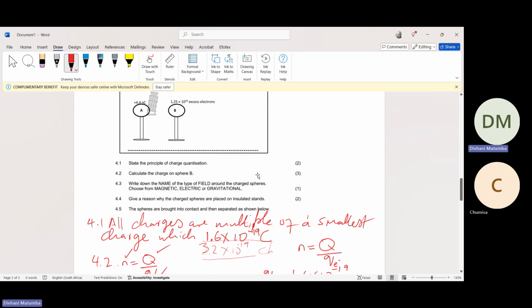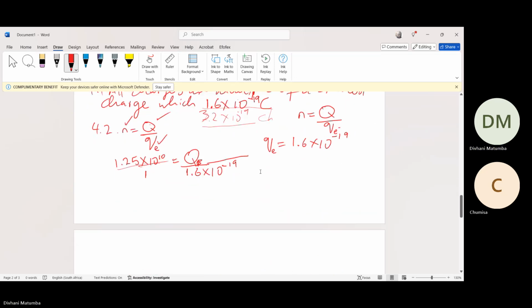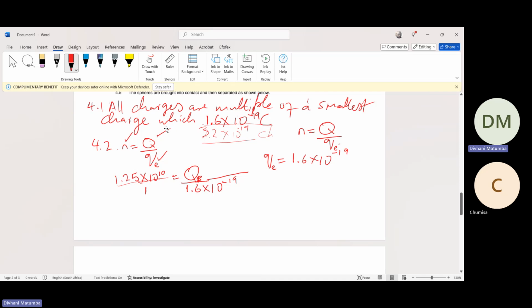You were given the number of electrons. So in order for you to find the charge of an object, you have to use this formula, and that's what we have just used.